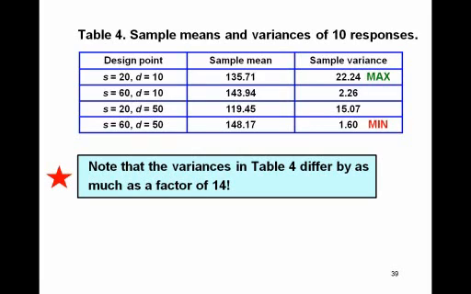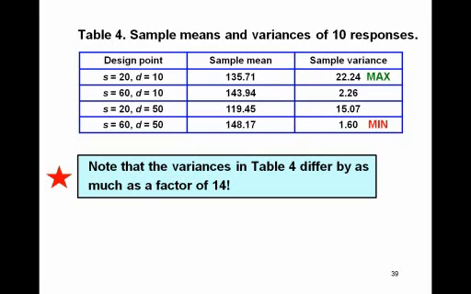And if we look at those sample variances, we see that they go from a minimum of 1.6 up to 22.24, and that is a ratio of 14 to 1, whereas the assumption underlying analysis of variance is that those variances should be roughly the same.